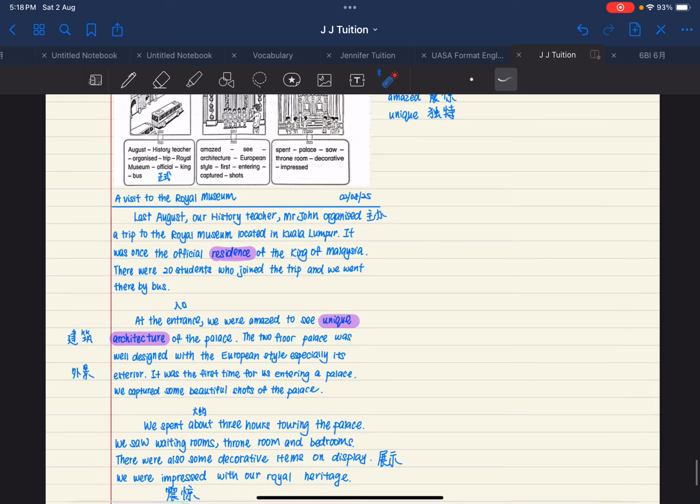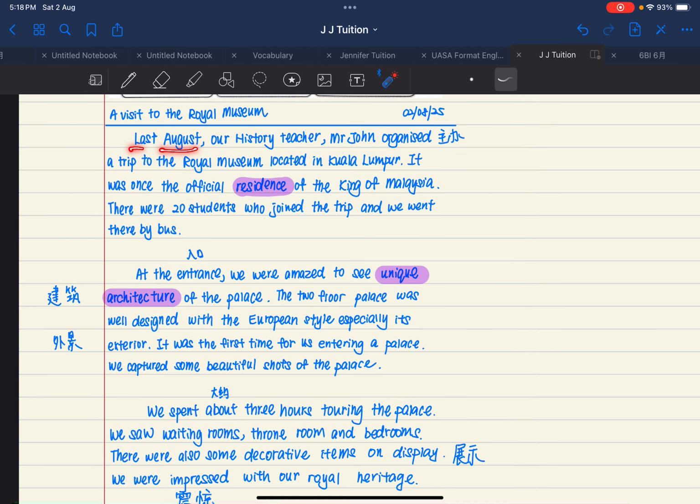Last August, our history teacher, Mr. John, organized a trip to the Royal Museum, located in Kuala Lumpur. It was once the official residence of the Kings of Malaysia.